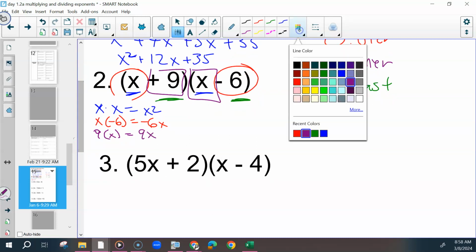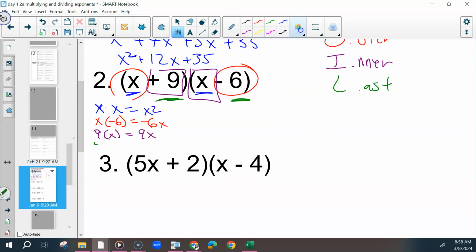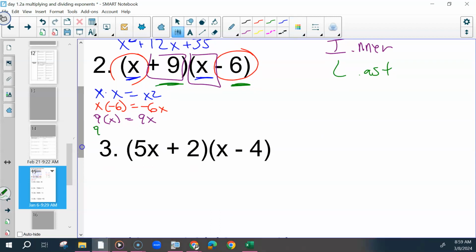And then the last terms, 9 times negative 6, negative 54. So then you would combine them just as we did before. If we were to combine all the like terms, what would our final answer be? X squared plus 3x minus 54. Questions on that?